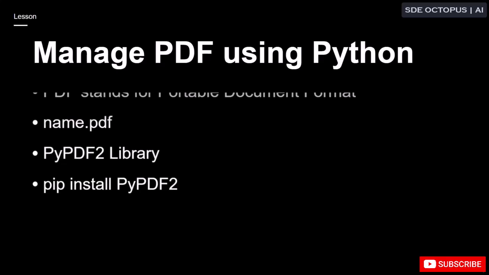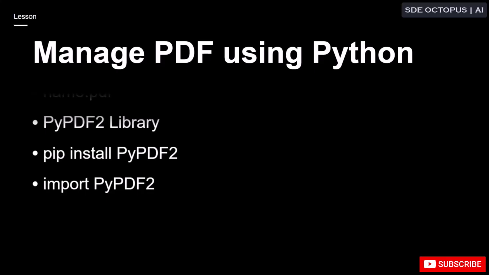Or you can use this command to install PyPDF2 inside the Jupyter notebook, exactly as we are gonna do. After installing this library using pip, you can import it using the import statement, simply using this statement: import PyPDF2.